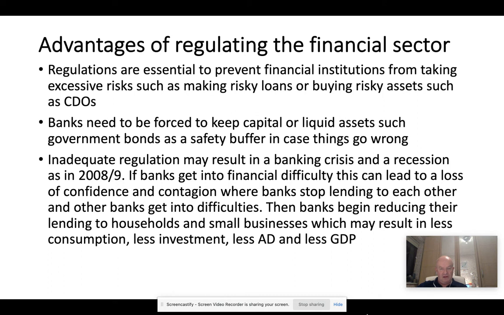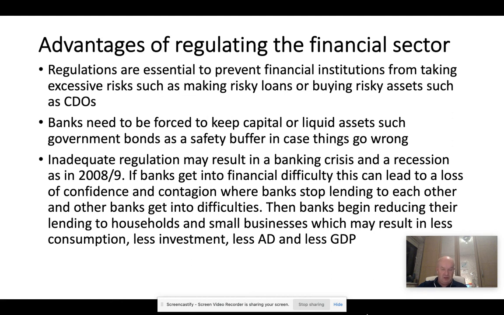So that clearly is one of the things that the Bank of England and the government have tried to put in place to make sure that the regulation of the financial sector is much more rigorous than it ever was previously.